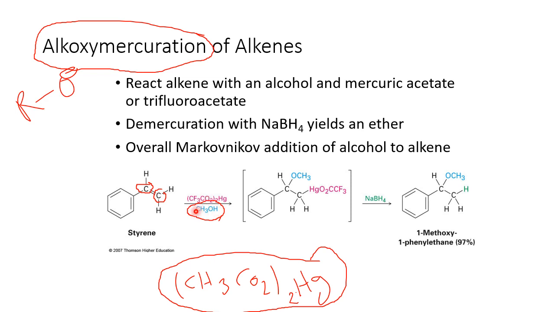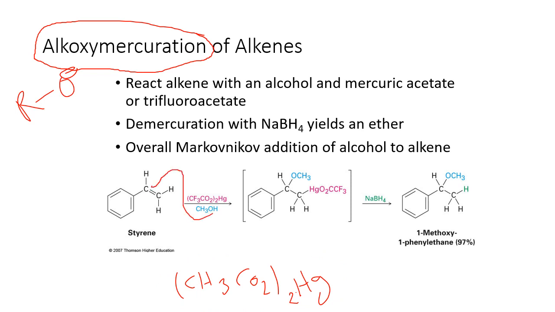Your alkoxy group or your methanol or your alcohol group adds on the more substituted, which is over here on this carbon. So this is the intermediate you get from this reaction. This alcohol is going to add over here on this carbon of the double bond. That's the carbon over here, carbon number 2.